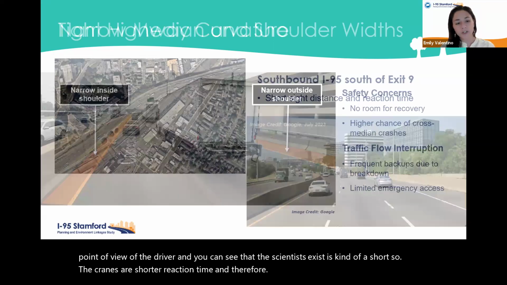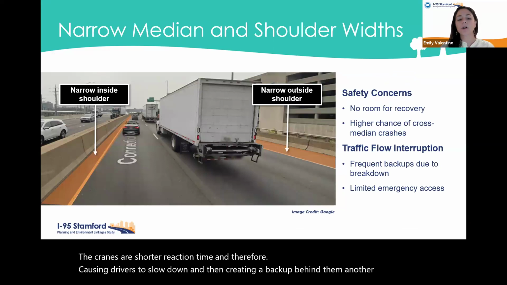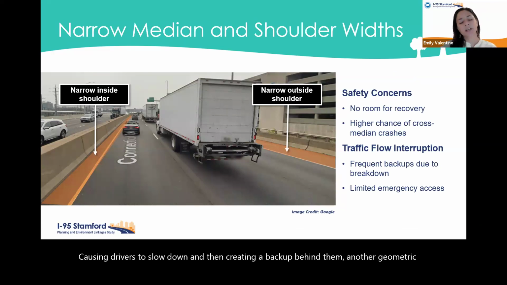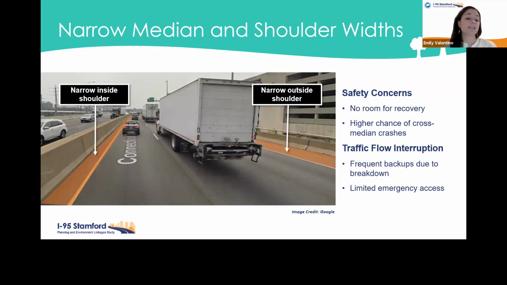Another geometric deficiency throughout the corridor is narrow shoulders, inside shoulders and outside shoulders. You can see them highlighted here in orange on the map. Typically, you want to design a shoulder so that it is approximately as wide as a travel lane.